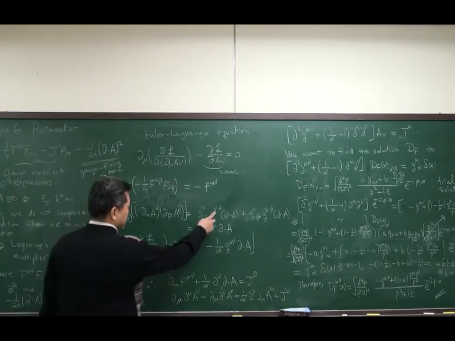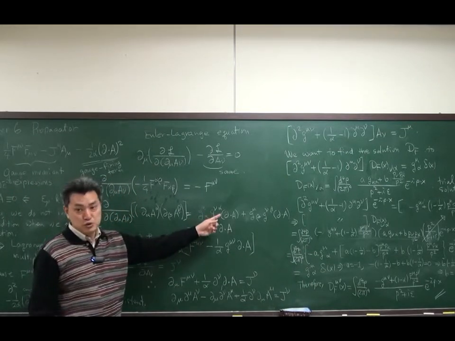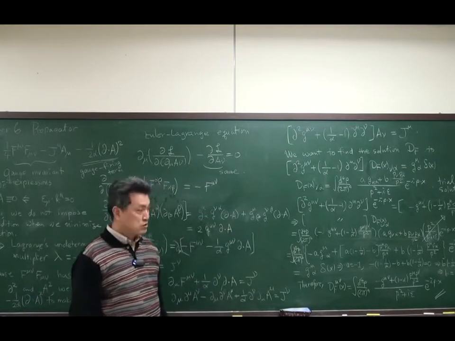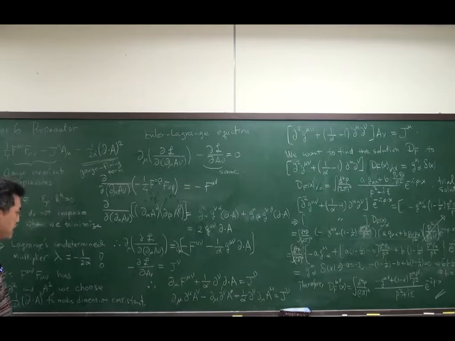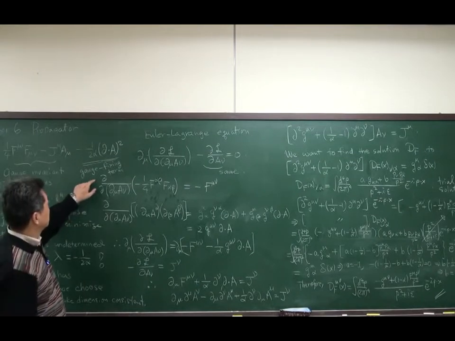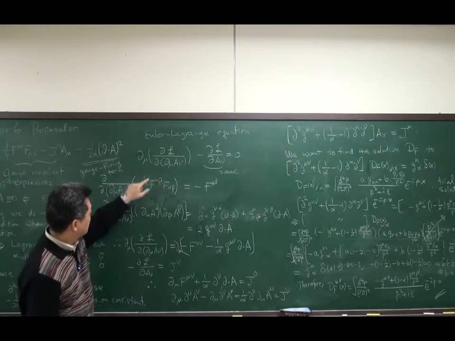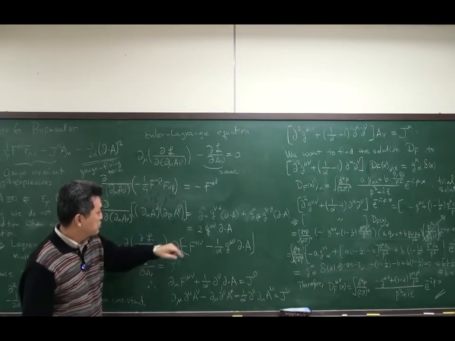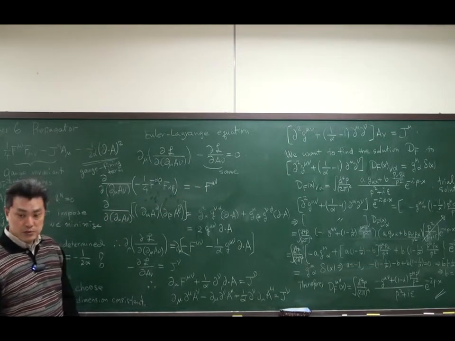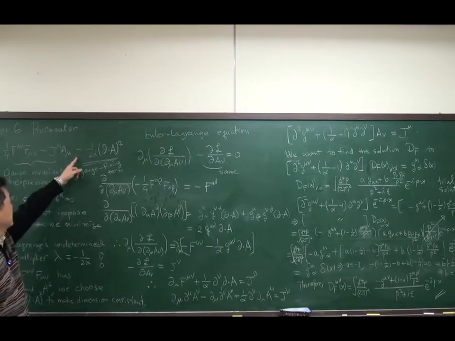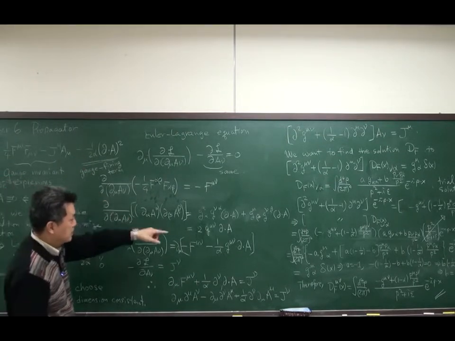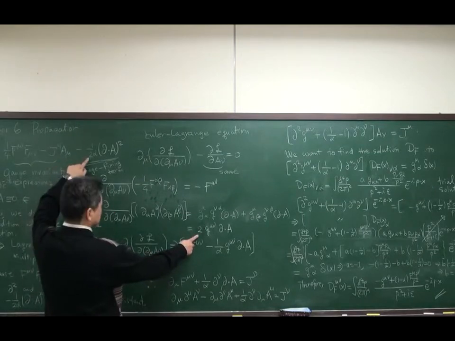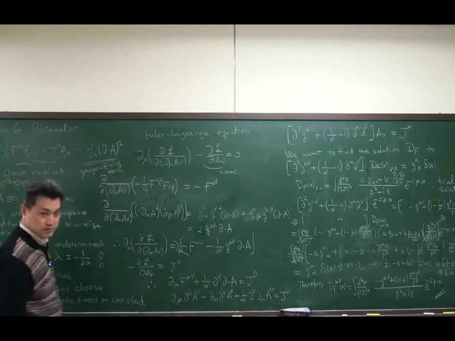If I compute this, alpha will be contracted. It is just g^{μν}, and this guy is also g^{μν}. So I have a factor of 2 g^{μν} divergence A. Right. So in this term, I have two contributions, minus F^{μν} and 2 times g^{μν} divergence A, but I have multiplied by minus 1 over 2 alpha in here. Then the factor of 2 cancels, and it becomes minus 1 over alpha.